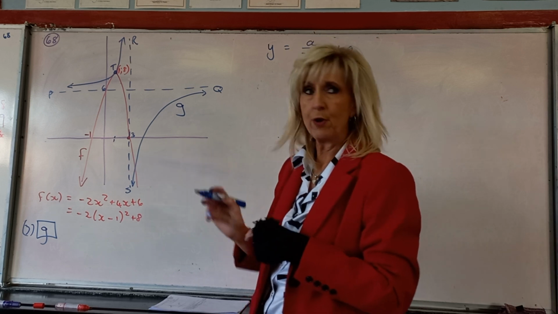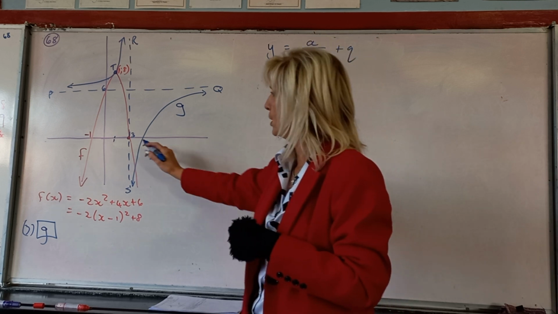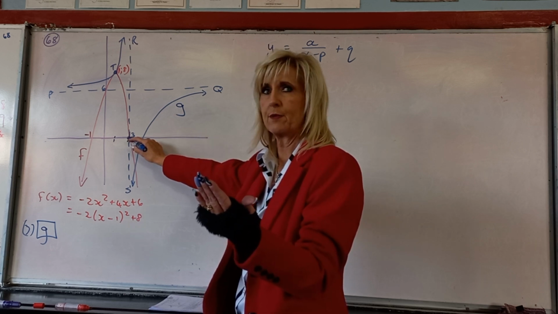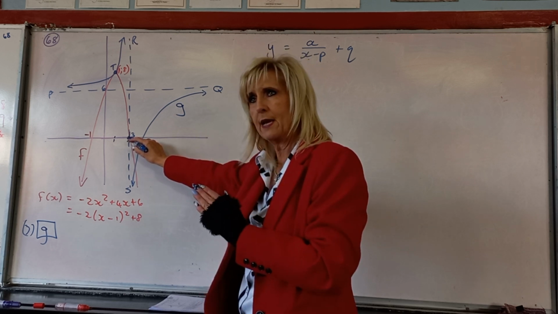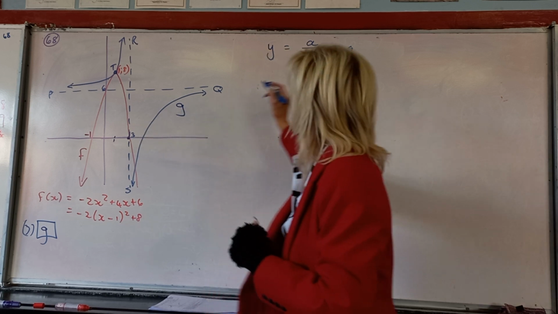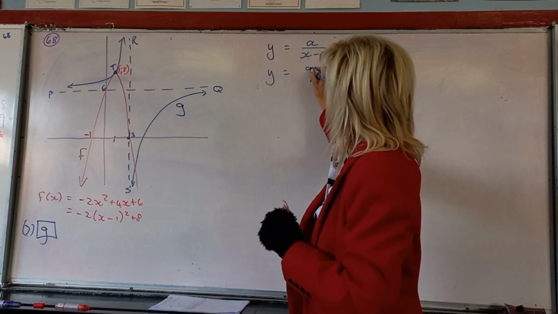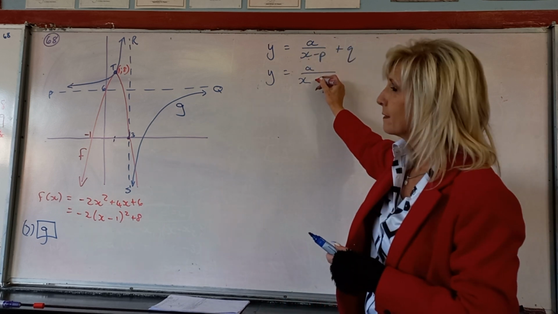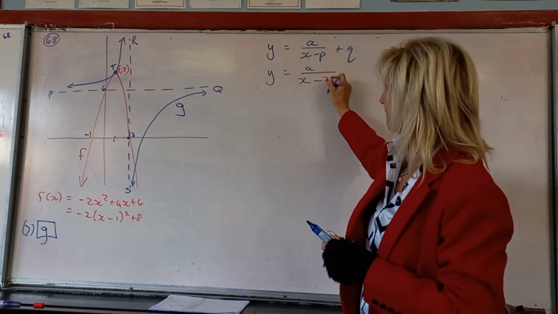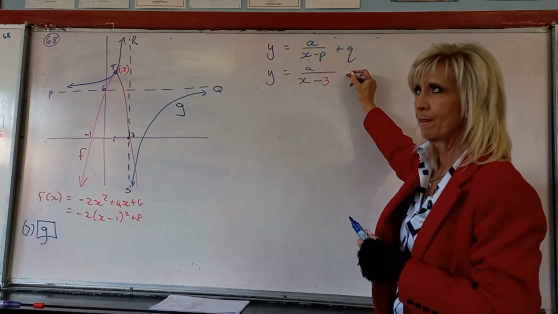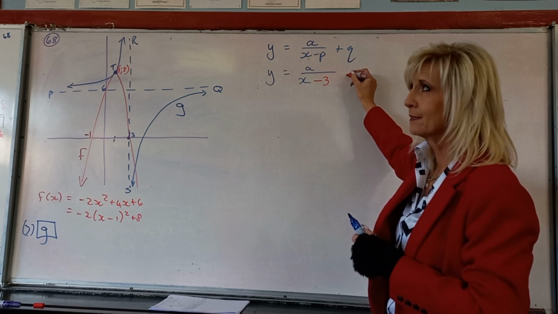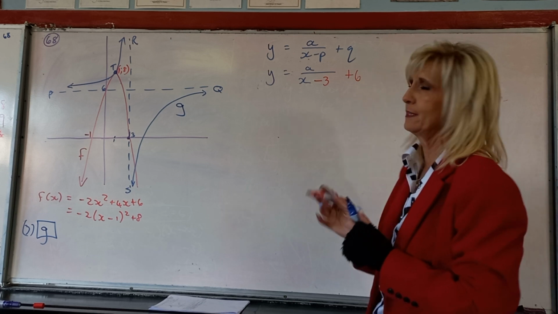For the hyperbola, I know that I've got to use the 3 because it goes through the x-intercept. It's also the x-intercept for the parabola, and it's the asymptote. So that 3 is going to help me how? This will be minus 3. And the Q? Plus 6.